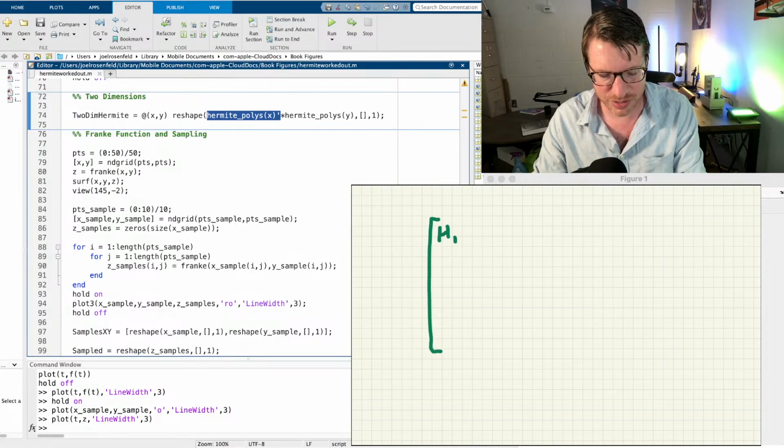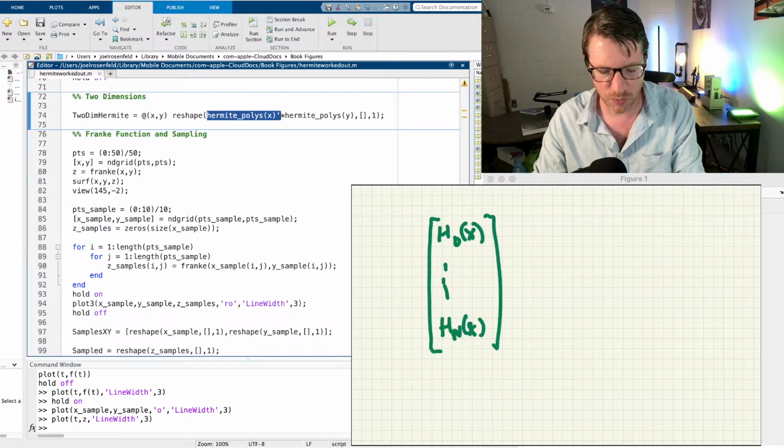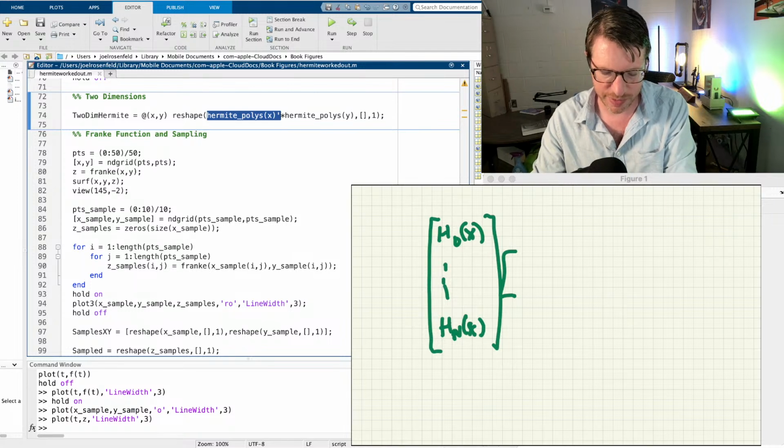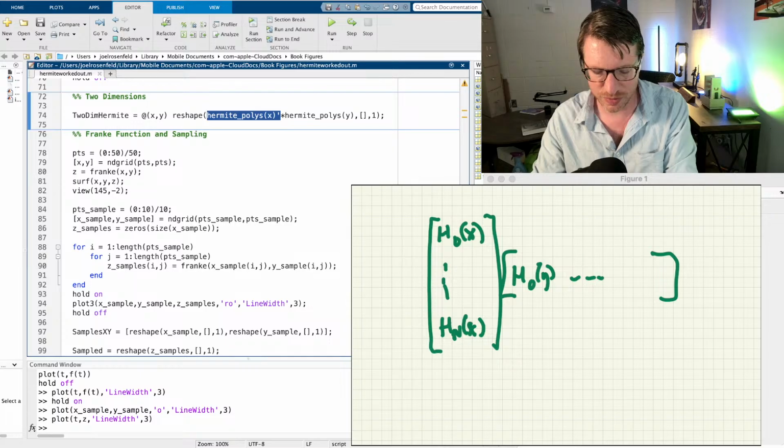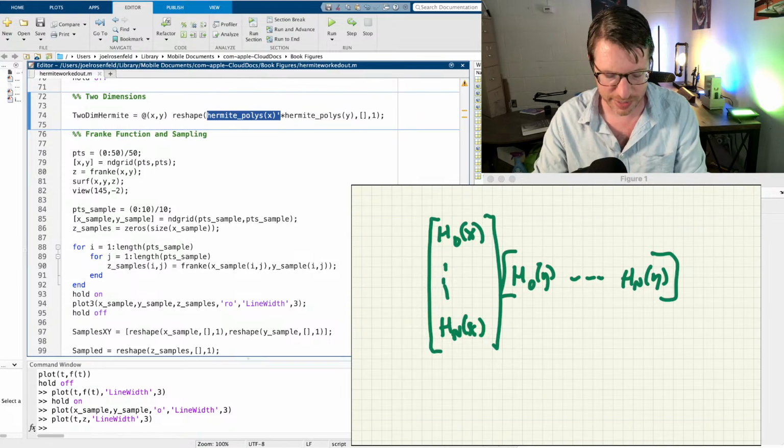And so what you can do is pretty cool. You can take h naught down to hn, capital N, and let's say you want to have this in 2 variables now. So this is just an hx. You can take your 1 variable ones and multiply them by each other with h naught of y down to hn of y, and doing this gives you all pairwise combinations.